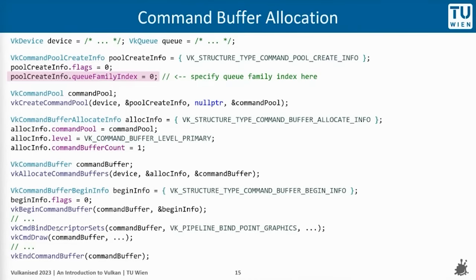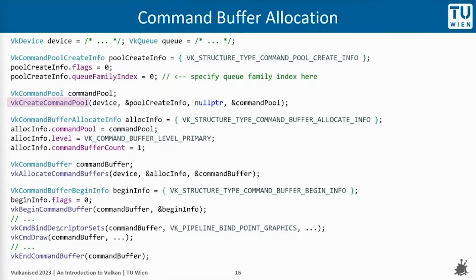So the queue family is really something that accompanies us from the beginning to many parts of the Vulkan API. So specify the queue family index here during command pool creation, and for different queue families, which we are not using in the tutorial, we would need different command pools.